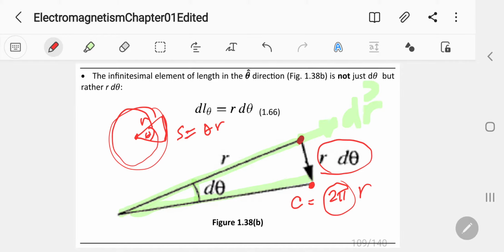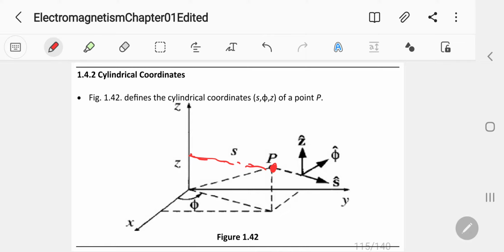In this case, you have a point P, where S is the distance from the z-axis, which is also the radius of the cylinder.